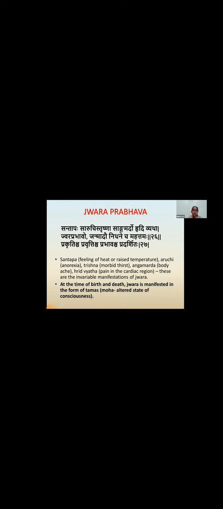That is the truth told in this particular chapter. So Janmado Nidanecha Mahatamaha, in both conditions there will be occurrence of Jwara. Prakritischa, Pravritischa, Prabhavascha, Darshitaha. We are going to see how all these are happening here.